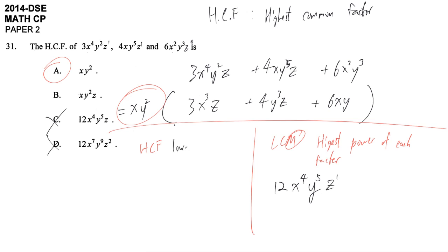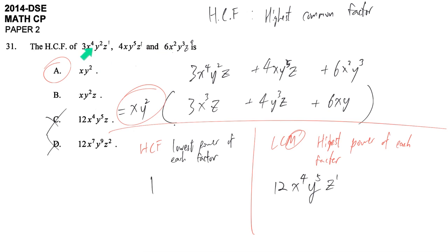In contrast, HCF is the lowest power of each factor. So for HCF, we look at 3, 4, 6. There is no common factor, so 1.